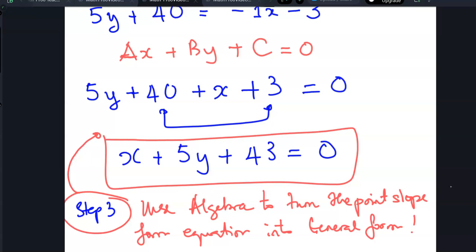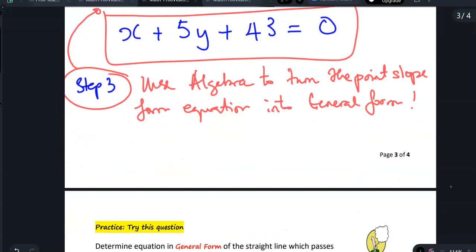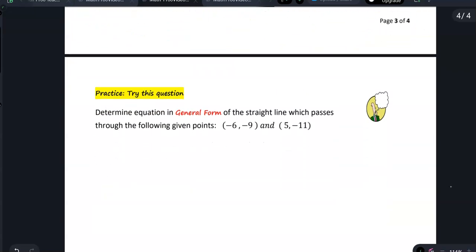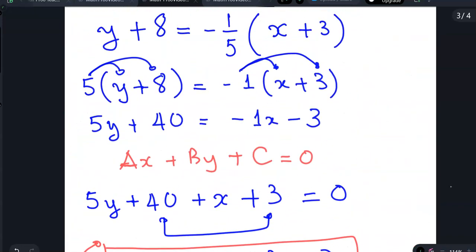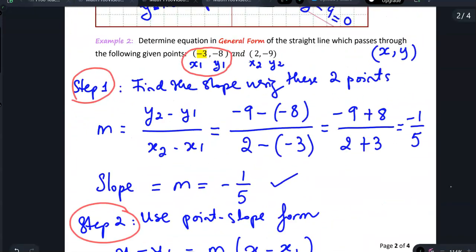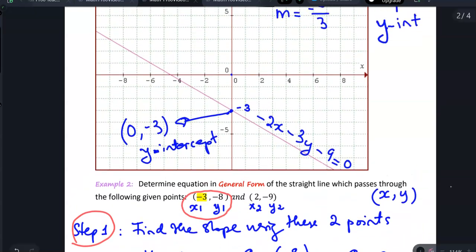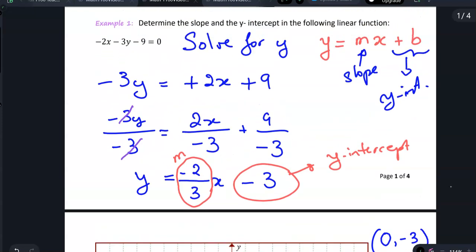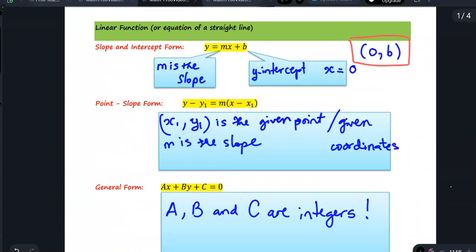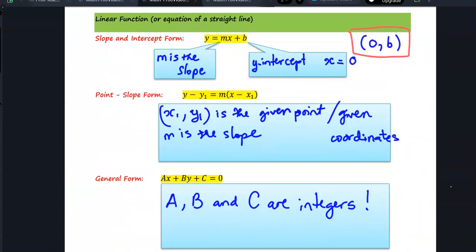Alright, okay. So let's see if we have any more examples. No, we don't, but I have an exercise practice here for everyone to work on. So let me quickly go over this. Alright, so don't forget, I only have 1 minute left for this video, so I have to be really quick. So don't forget that we have 3 forms, right?